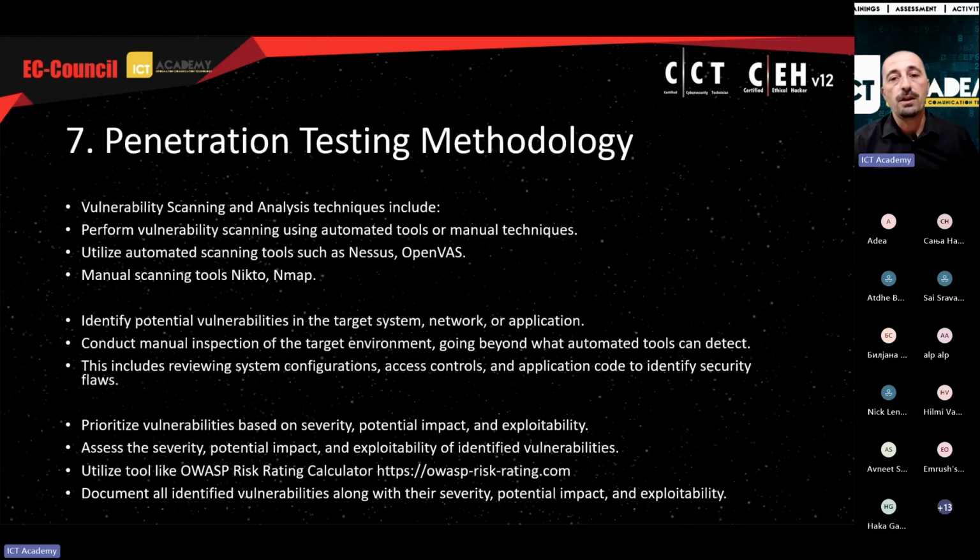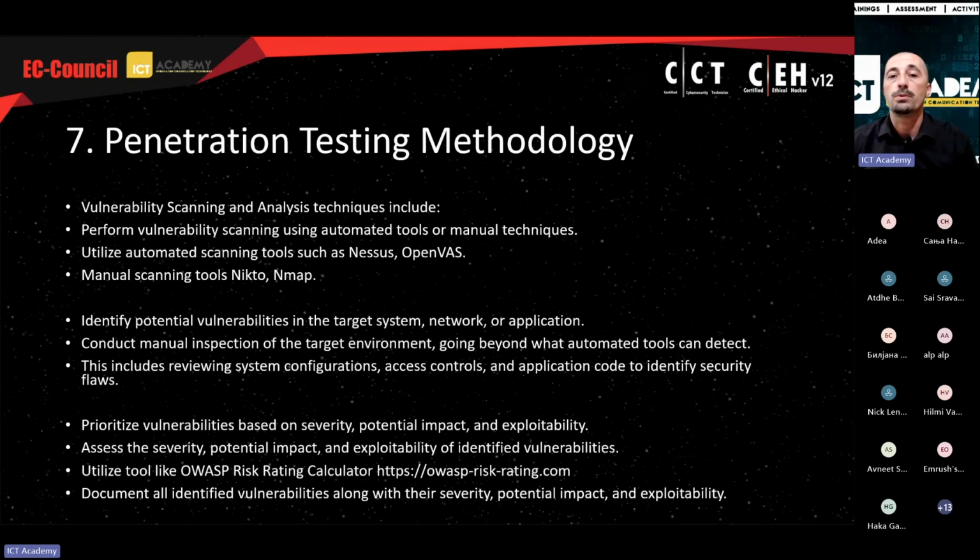Those vulnerability scanning and analysis techniques help us very much to prioritize vulnerabilities based on severity, potential impact, and exploitability. You can do this by using tools like the OWASP Risk Rating Calculator that we mentioned. You can Google it.